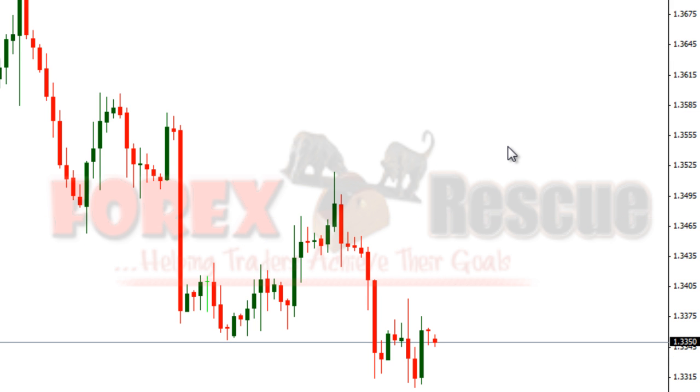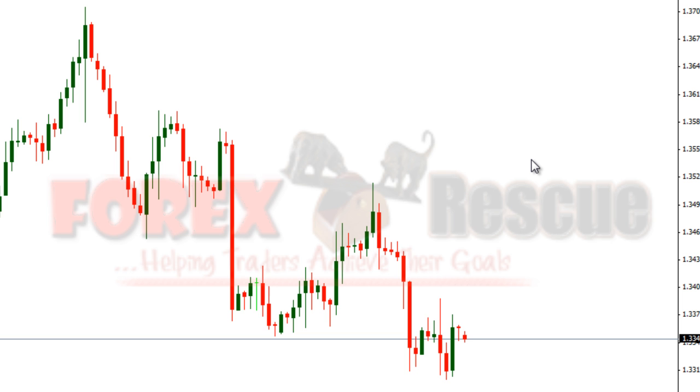This is the Euro USD 4-hour chart. Last week on the 4-hour time frame of this pair, a bullish Gartley pattern formed, and the market responded by moving for over 100 pips before resuming its downward movements. As it stands, our potential reversal zone has been compromised, and so this week we will be looking for a confluence of events to give us reason why we should look to enter the market and move in the direction of the bears.